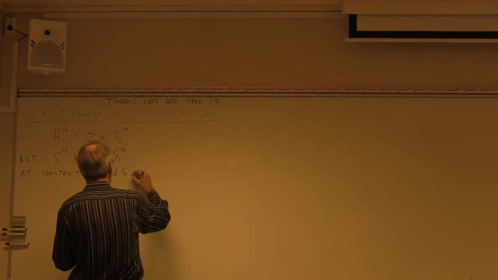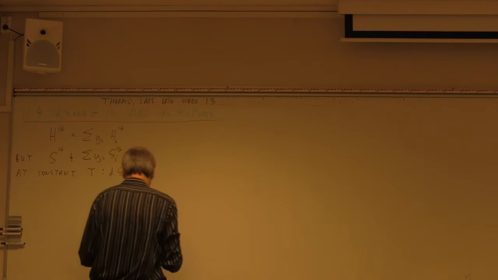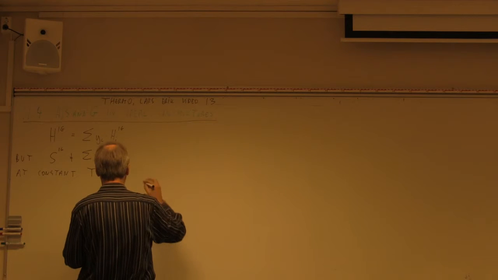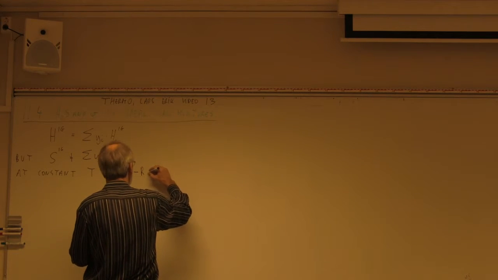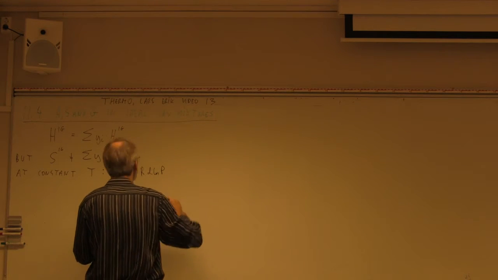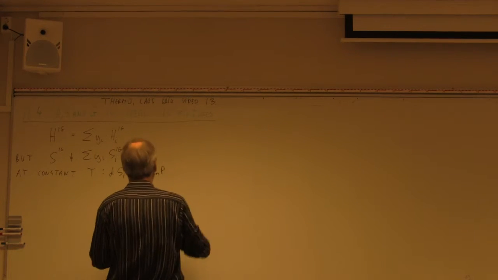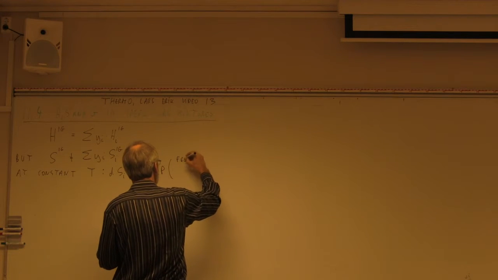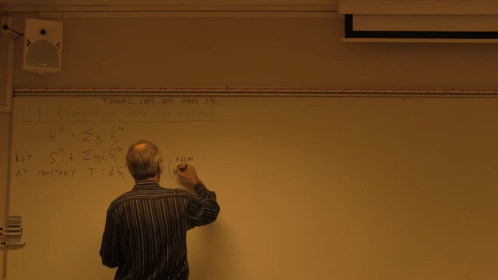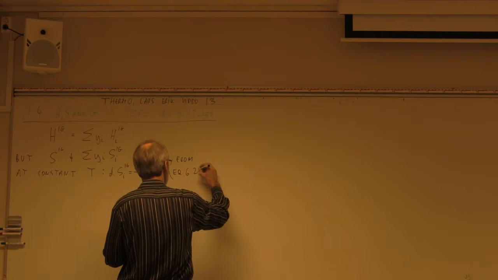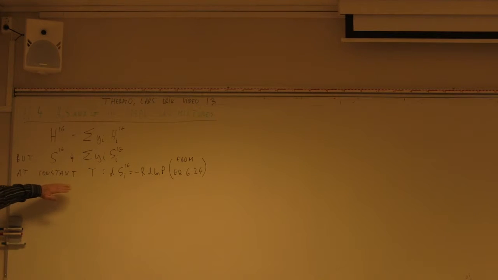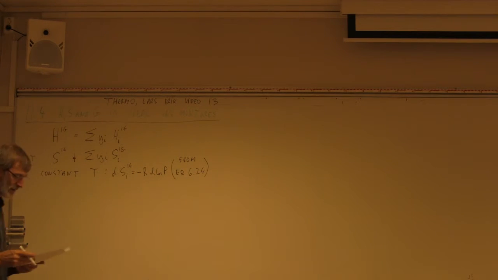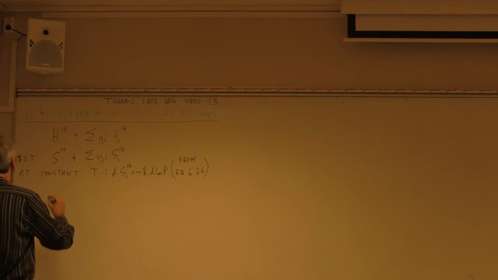The change in ideal gas entropy is minus R d ln P. This is from equation 6.24, that is from thermodynamics for pure components.